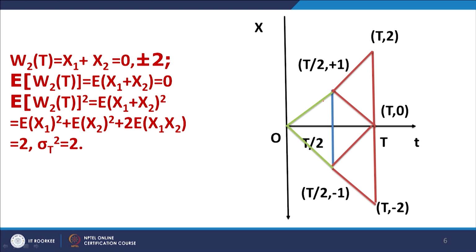Let us look at the expectation of W2 t squared. This is equal to E of (x1 plus x2) square, which gives us E of x1 square plus E of x2 square plus 2 E of x1 x2.